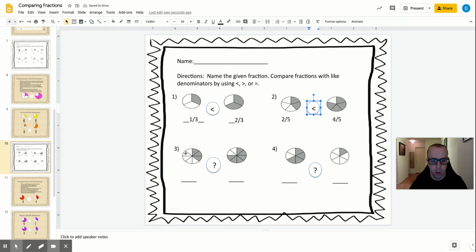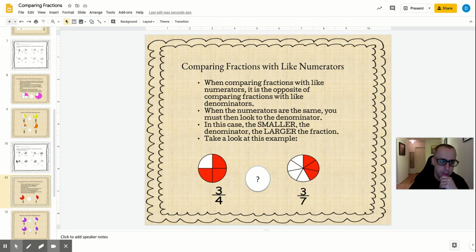Down here, when I'm looking at a shape like this where there are a lot of parts, you can look at the line going across, and 1, 2, 3, 4 on top. So you can see 4 on the bottom. 4 and 4 is 8.